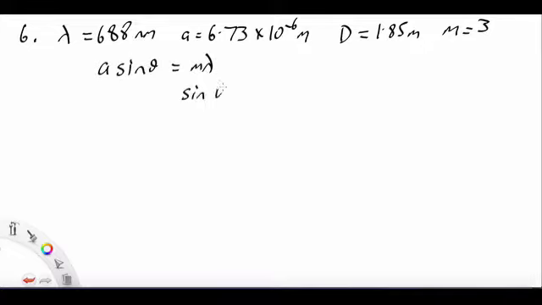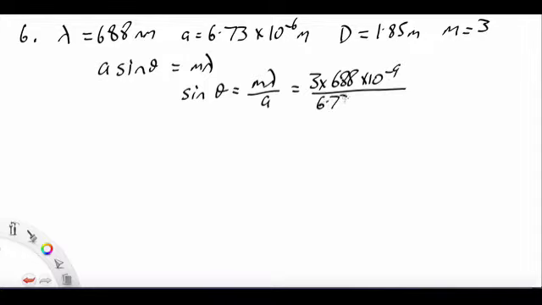So sine theta equals m lambda over a is 3 times 688 by 10 to the minus 9 over 6.73 by 10 to the minus 6, and that gives us 0.307, so theta is in fact about 17.9 degrees.